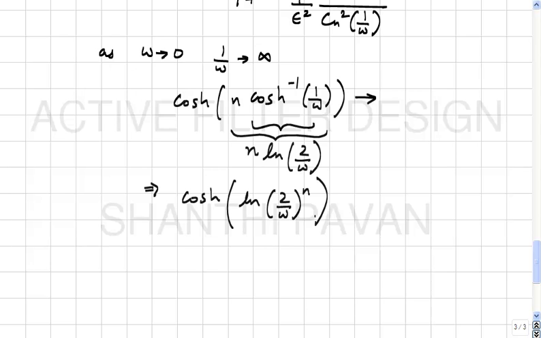As the argument becomes larger and larger, cos hyperbolic of a large number is approximately equal to 1/2 e to the power of the argument. The argument is log of 2 by omega to the power n, which basically means that this must be 2 by omega to the power n. Is this clear?